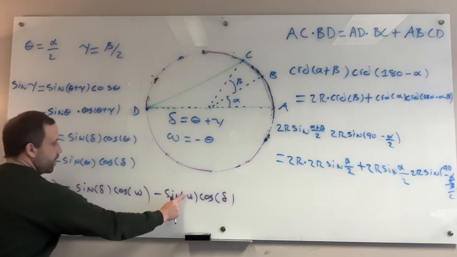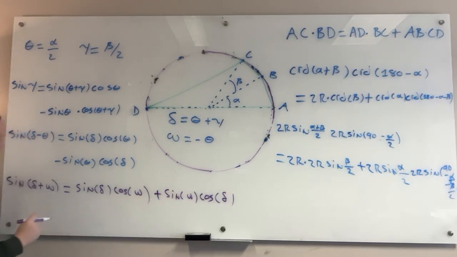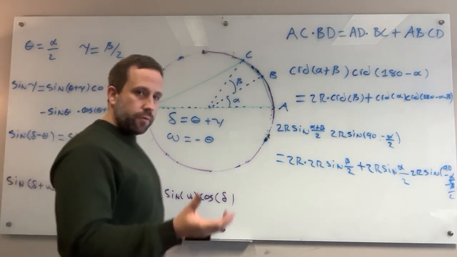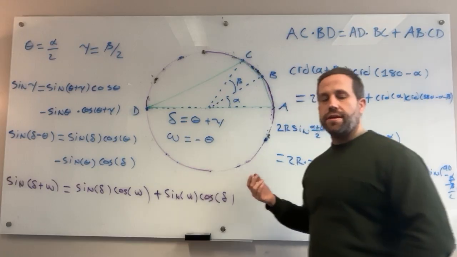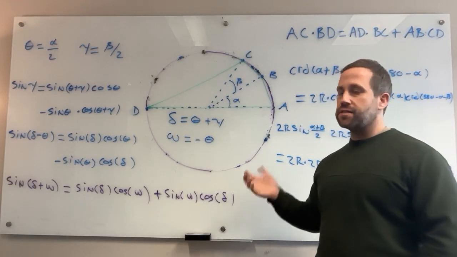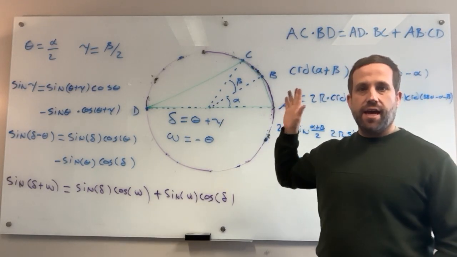And sine is an odd function, so the minus comes out like this. And now we do have the typical sum of angle formulas that you know. Okay, so I've given the sum and difference of angle formulas, where you have sine on the left hand side.